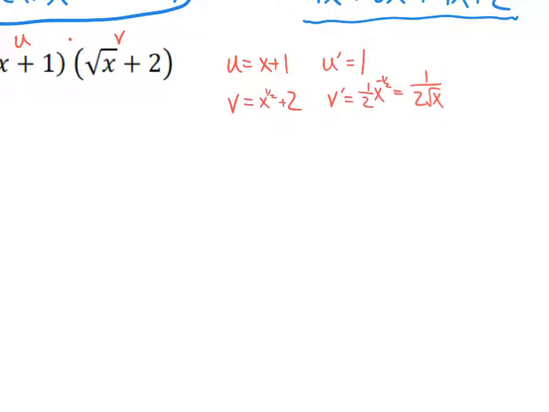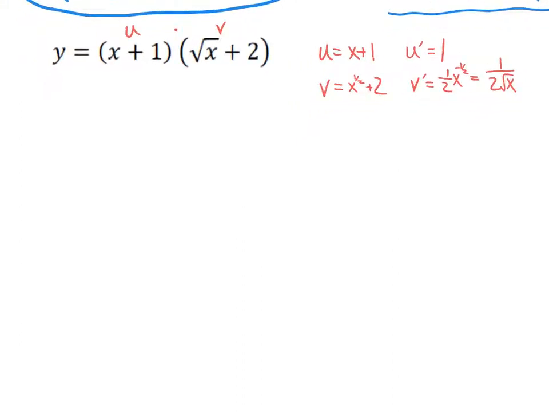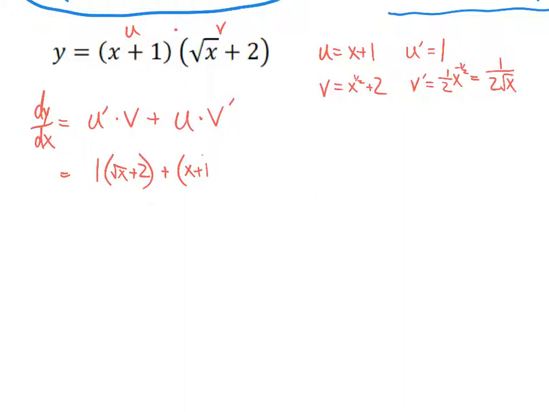That's fine. So, again, dy dx, we have u prime times v plus u times v prime. U prime is 1, v is radical x plus 2, plus u is x plus 1. V prime, we just said, is 1 over 2 root x.